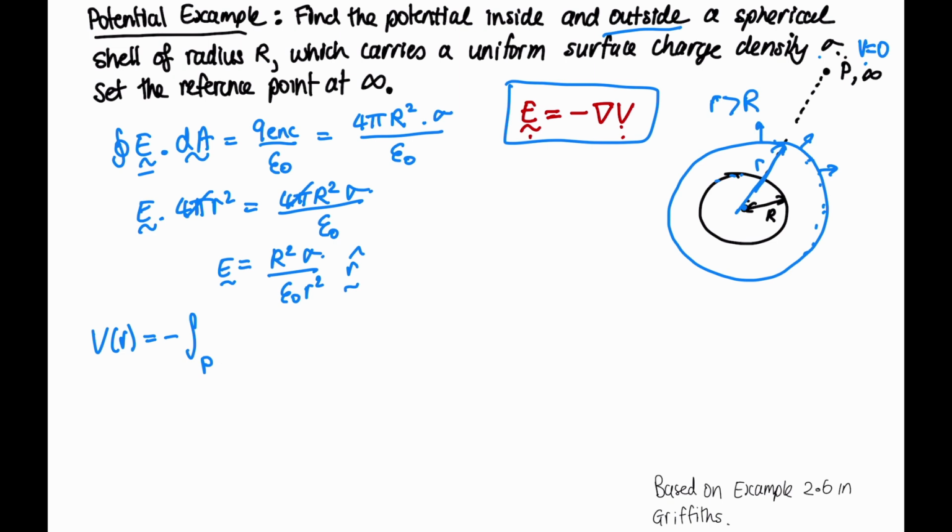We'll call it P here, to r, of E dot dl. And now let's substitute in what we know for these. We know that P is at infinity. Now we're going from infinity here to point r here. E, we've just worked out above, that's R squared sigma over epsilon naught r squared, and then it's dr, because it's only the radial component that we've got an electric field for.